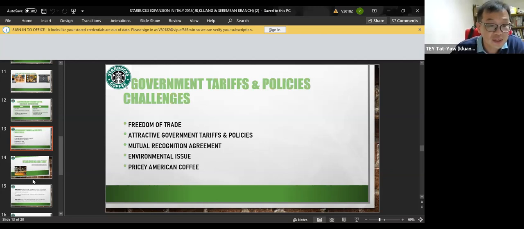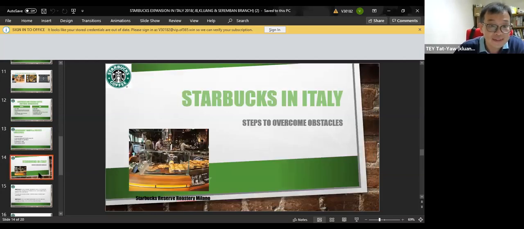This is a challenge that Starbucks is facing in their cafes in Italy. Pricey American coffee: they are currently selling at almost more than double the price compared to the selling price in America. Next slide, please.